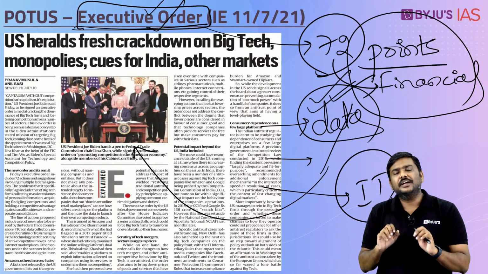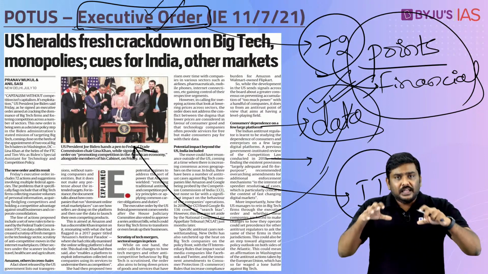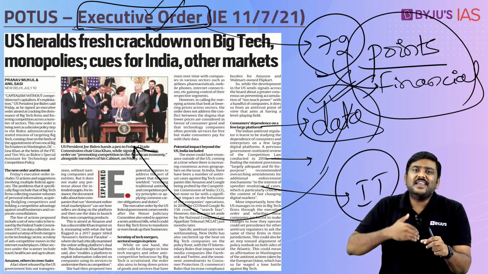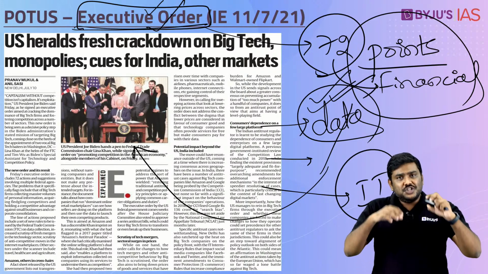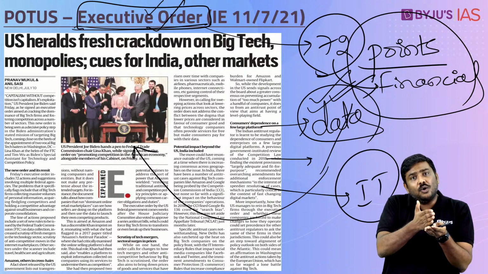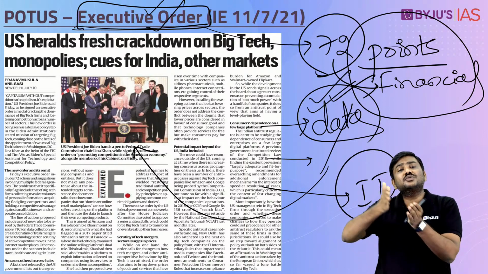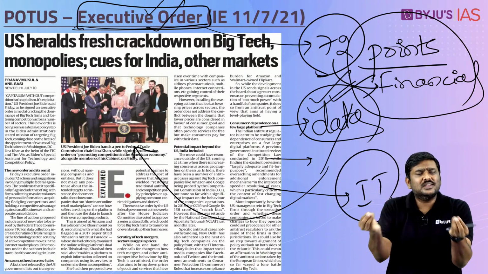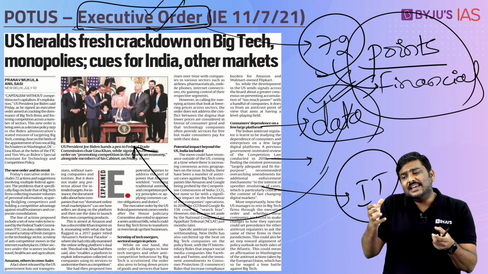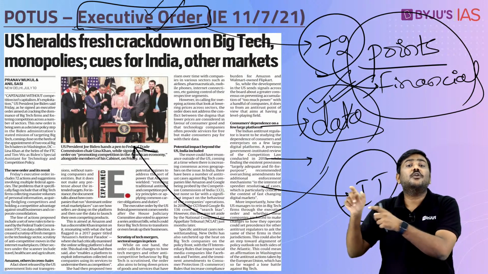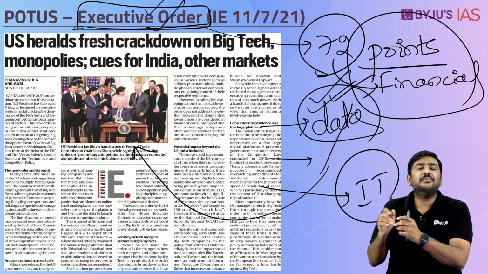Now, what is the connection here? The connection is very simple. If there is very high competition within these companies in the US market, generally these US companies outsource the human resources to the rest of the world. One such example is they hire a lot of experts, or they seek the experts' knowledge from India, or the IT professionals from India.